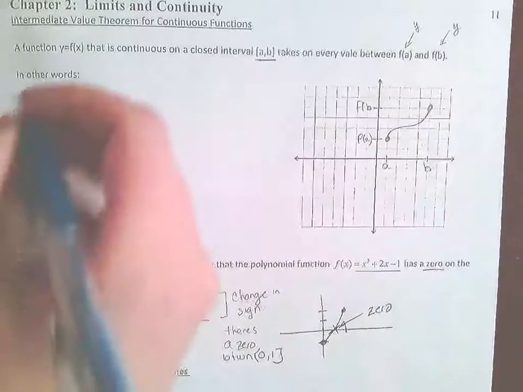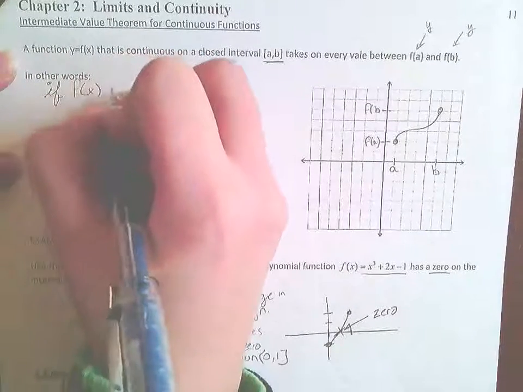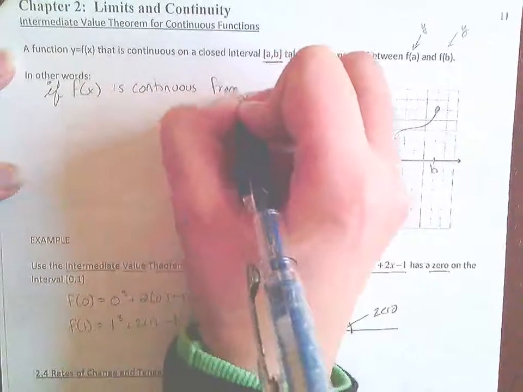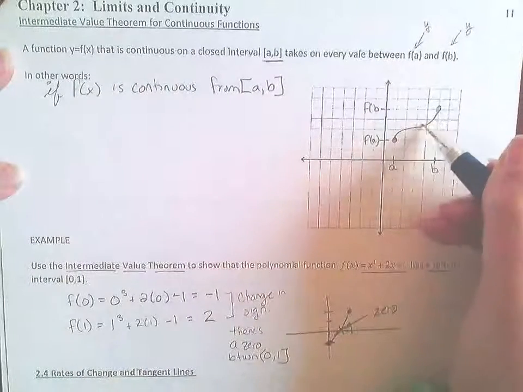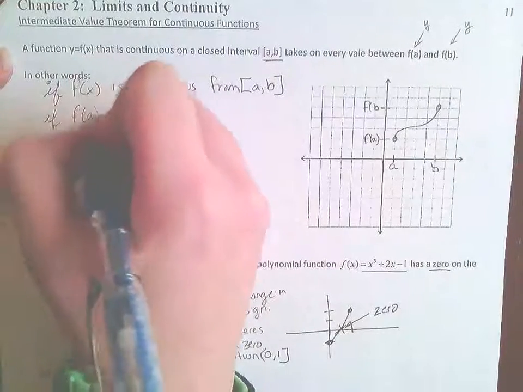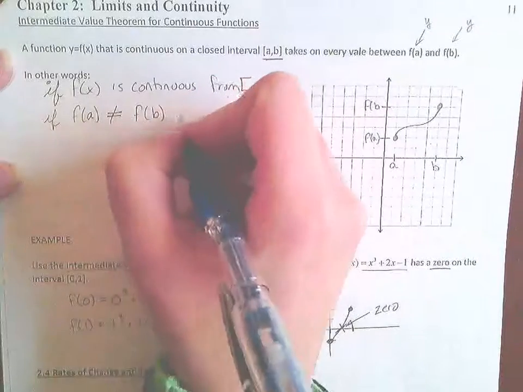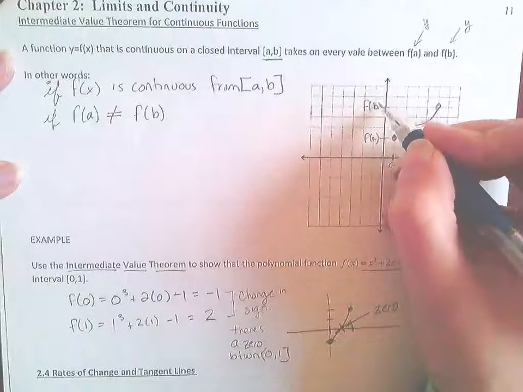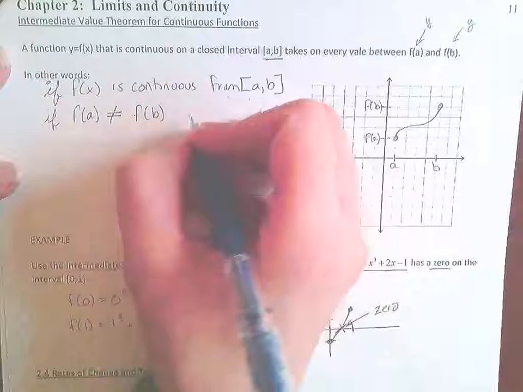So in other words, what this is saying, if f of x is continuous from a to b, which it looks like it is, and if f of a does not equal f of b, which f of a looks like here it's 2, and f of b it looks like it's 5, so that is the case.